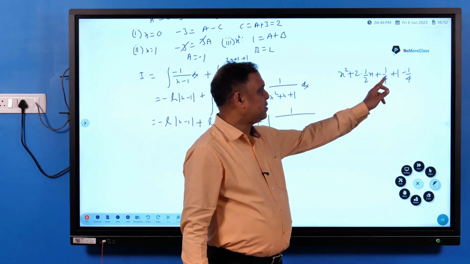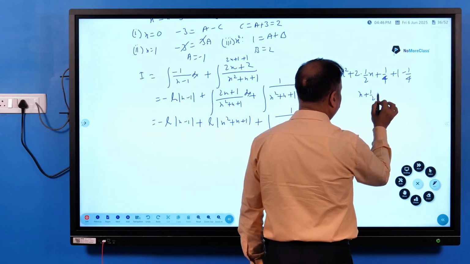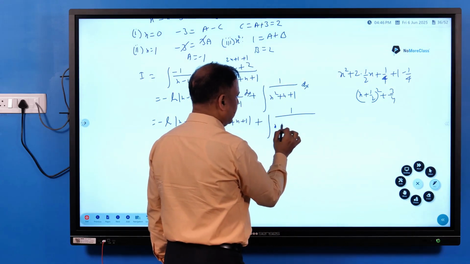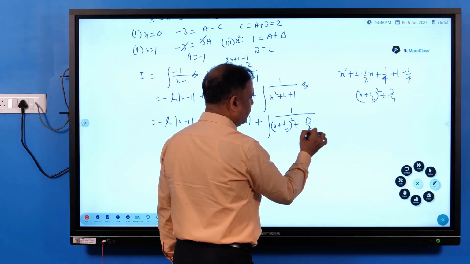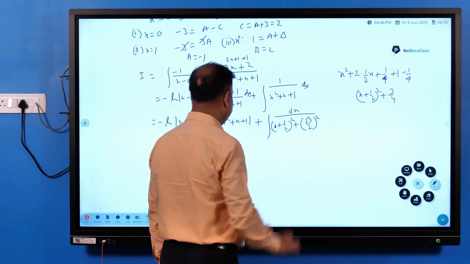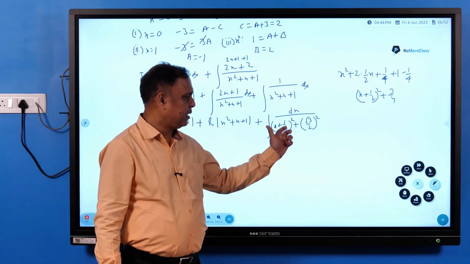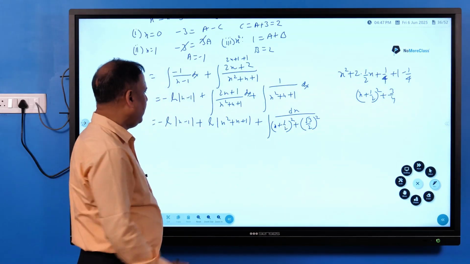So this is (x + 1/2)² + 3/4, which is (x + 1/2)² + (√3/2)² dx. What is the integration of dx/(x² + a²)? It is (1/a) tan⁻¹(x/a).